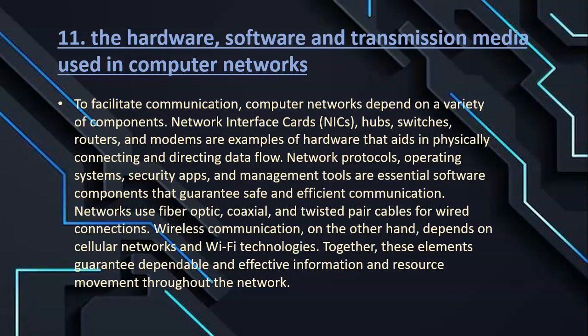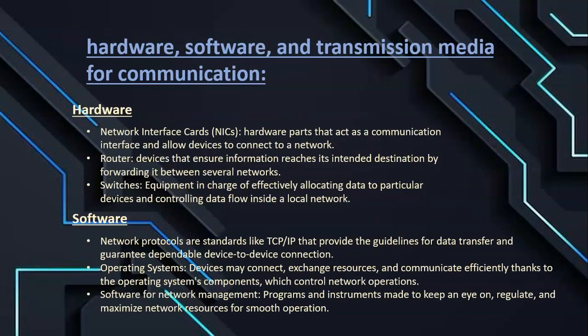Networks use fiber optic, coaxial, and twisted pair cables for wired connections, while wireless connections, on the other hand, depend on cellular networks and Wi-Fi technology. Together, these elements guarantee dependable, effective information and resource movement throughout the network.